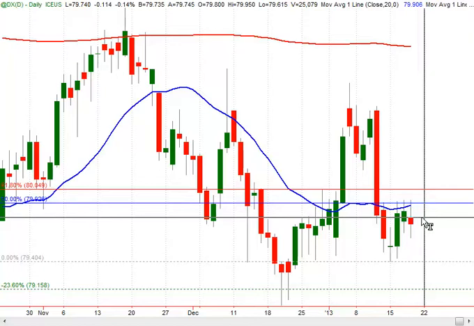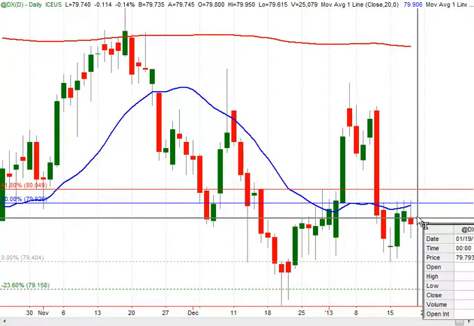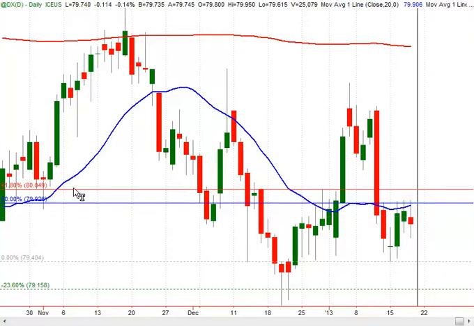So there is still time to trade this move lower in the dollar index with a stop above 80.10.